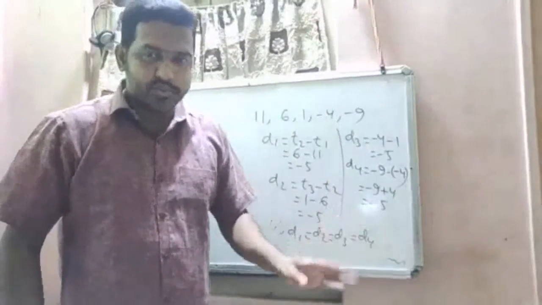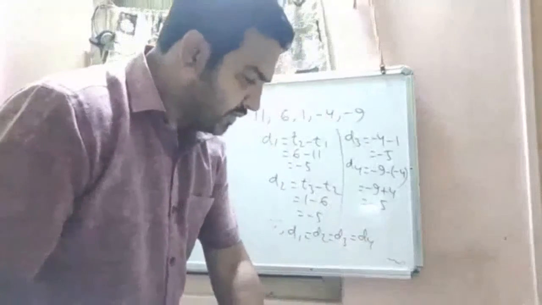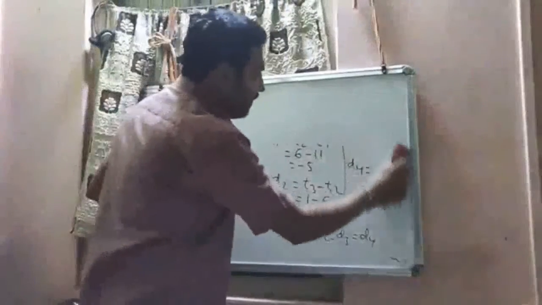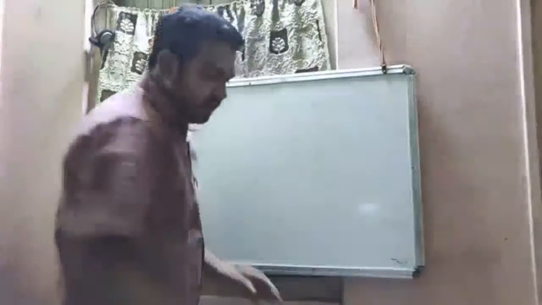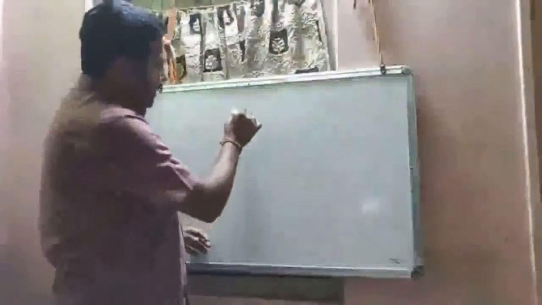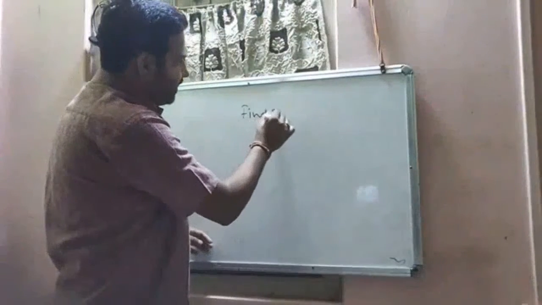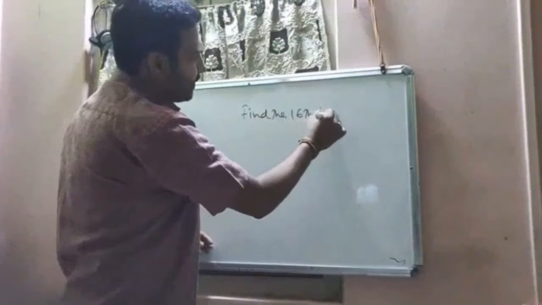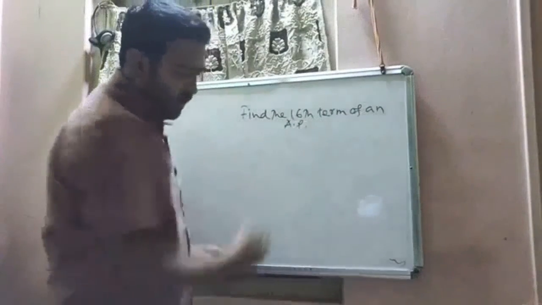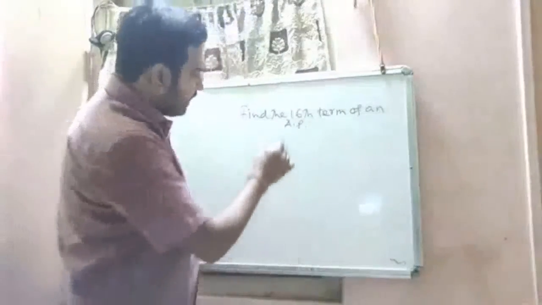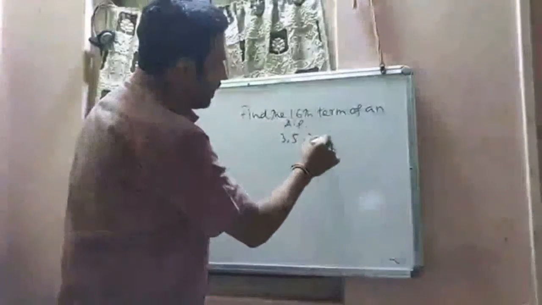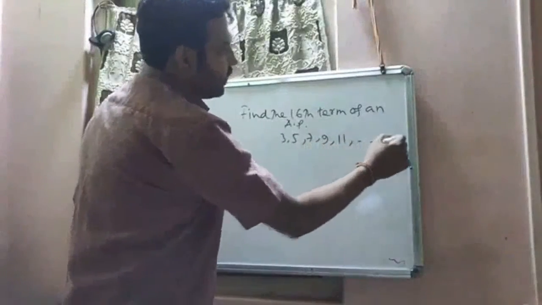Understood? Let's move to the next question based on the formula we have already learned. The next question is: find the 16th term of an AP 3, 5, 7, 9, 11, and so on.